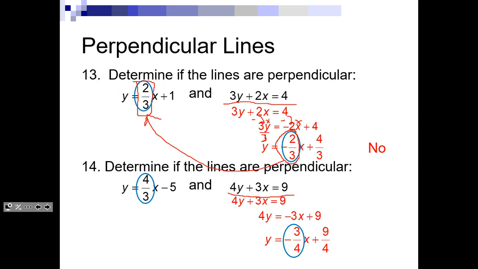We're looking at those two slopes. 4 over 3, the opposite reciprocal or flipped and reversed, should have been negative 3 over 4. That is what we have. So these two lines are perpendicular.